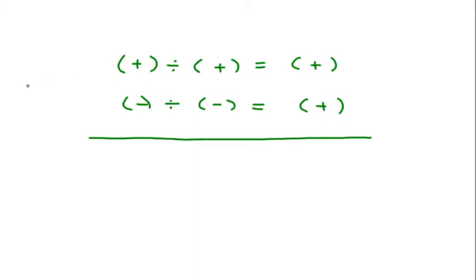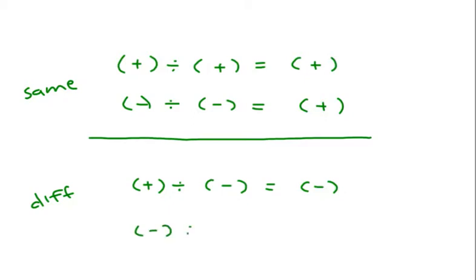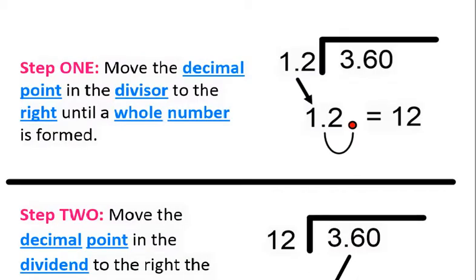That's same sign. Now, when you have a different sign, a positive divided by a negative is going to equal a negative, or a negative divided by a positive is a negative. So keep those in mind as we go through.